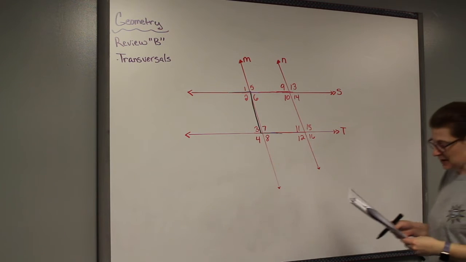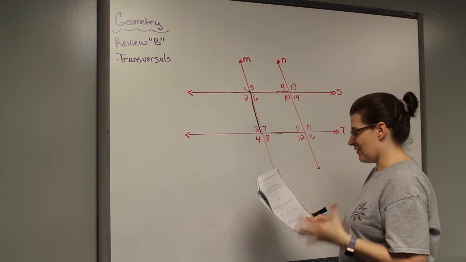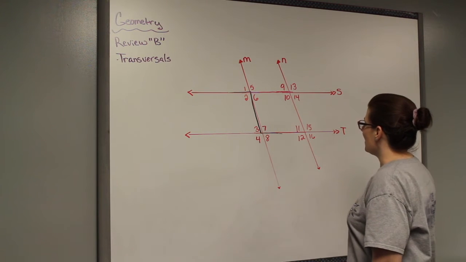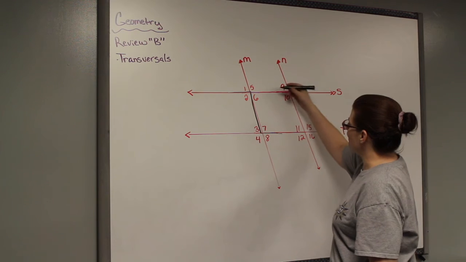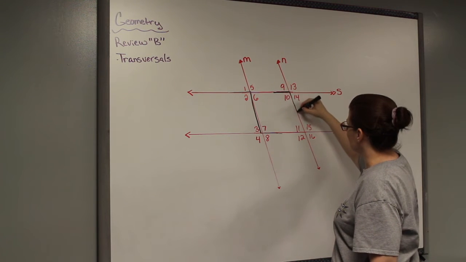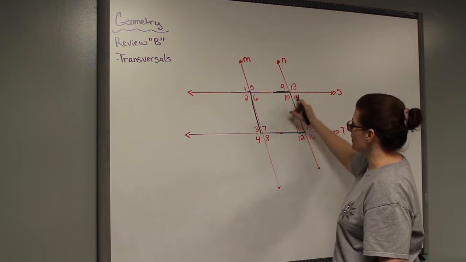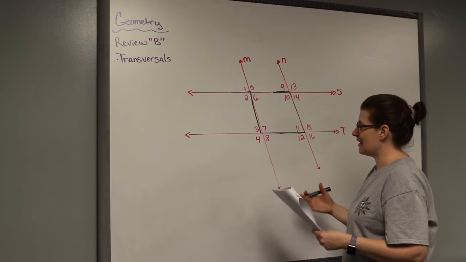When we get into the lesson, you've got same side interior, which makes sort of a U shape. And that could be like 10 and 11, or 6 and 7, and things like that.